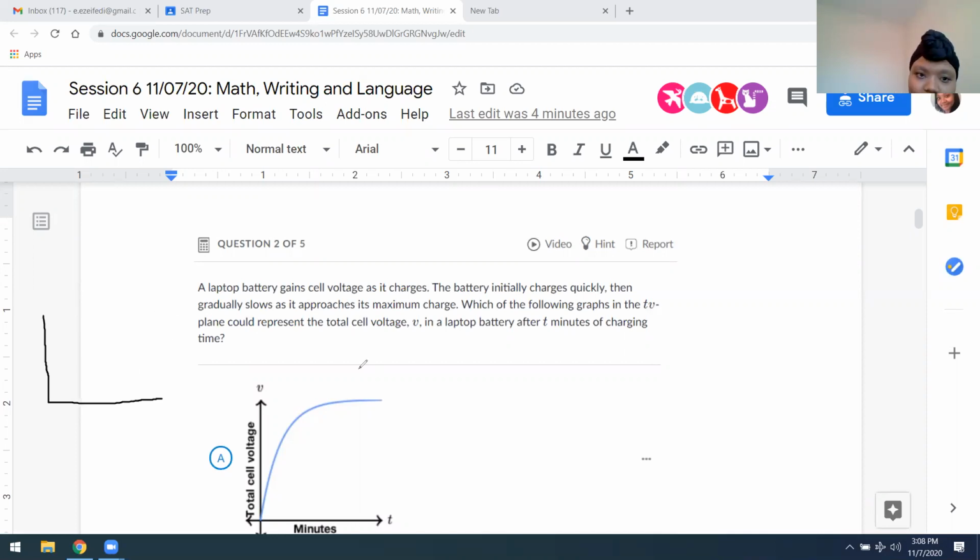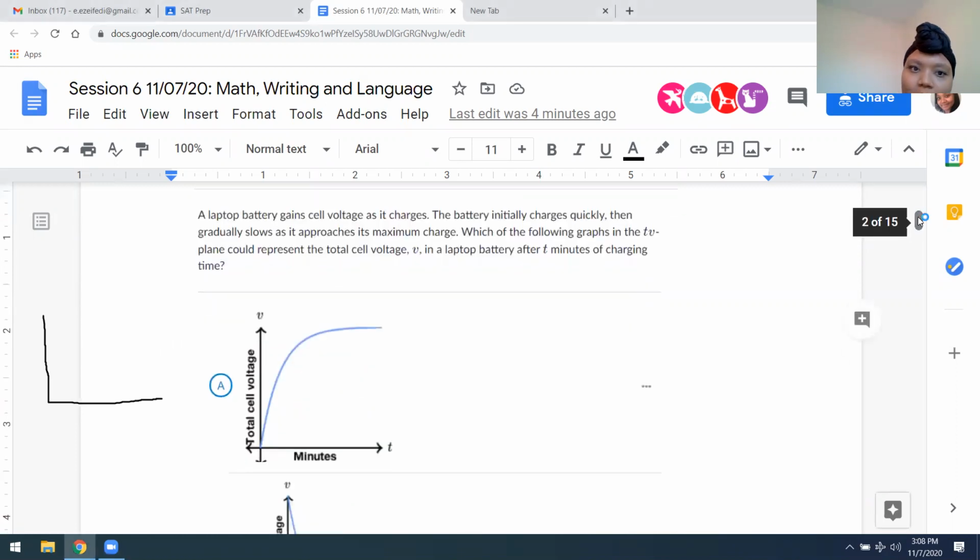I'm going to reread the question. The battery initially charges quickly, then gradually slows as it approaches its maximum charge. We see V is here and T is here.